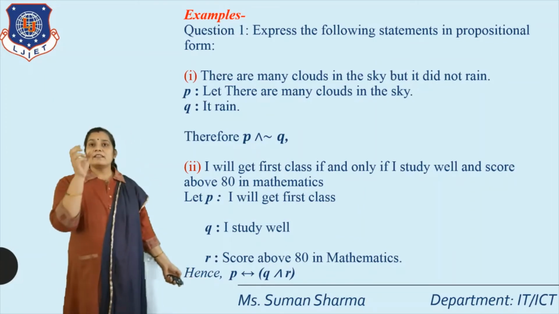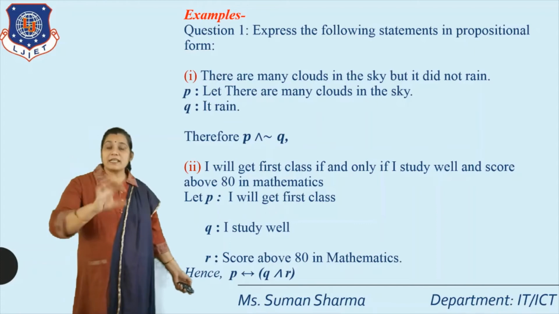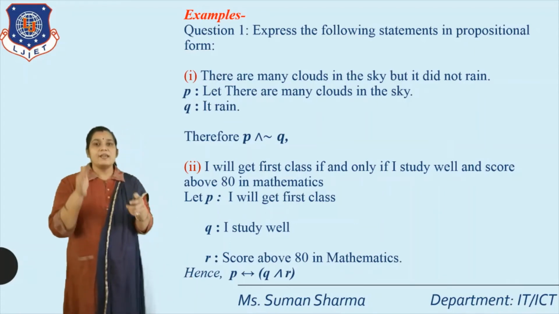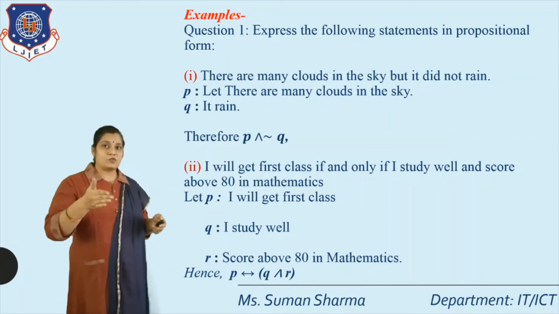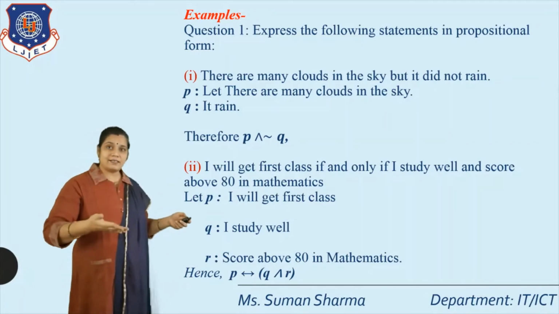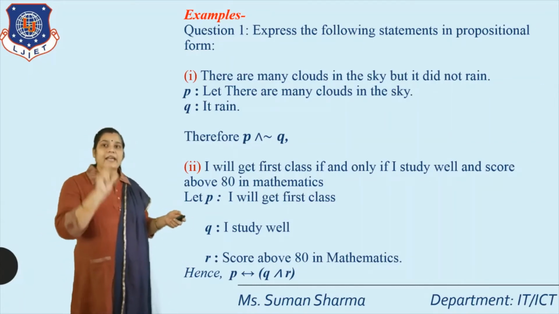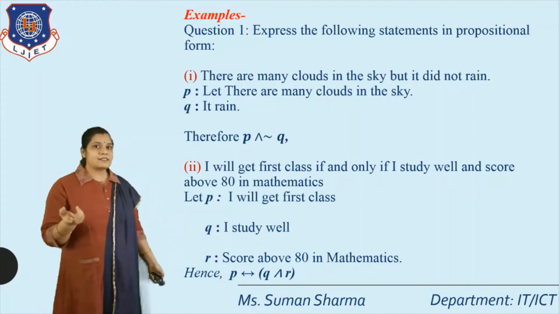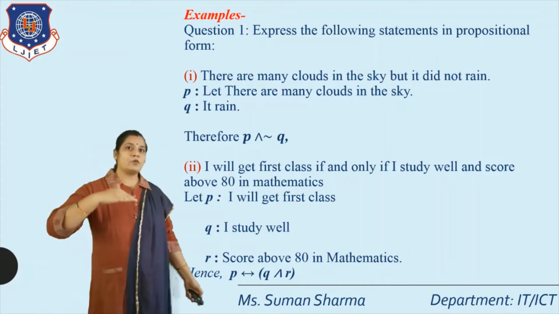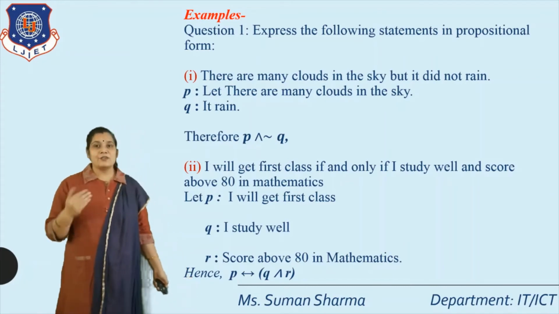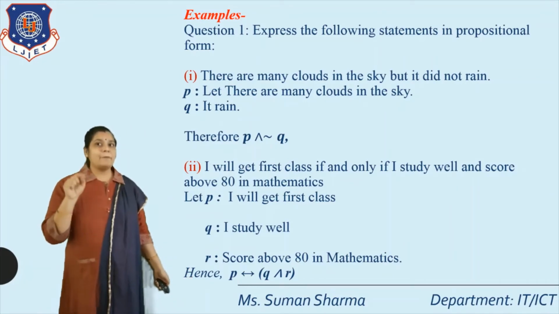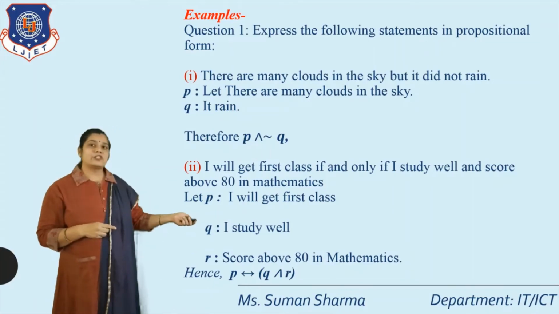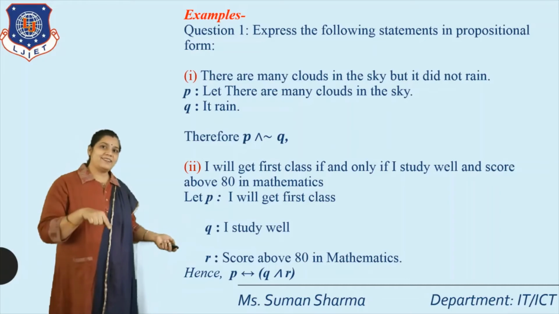After that, the next two statements are again a compound statement, so we write them in the bracket. I study well, so we consider Q, I study well. And we use the word and, so we use the conjunction sign. And the third statement is score above 80 in mathematics. So we write P biconditional, bracket open, Q conjunction R, and bracket close.